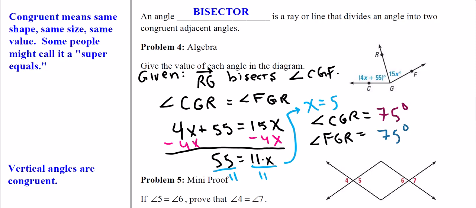Or we could have just simply taken the answer we got for CGR and noted that because ray GR is a bisector, it creates two congruent angles. So we didn't have to do the additional algebra for FGR, because if CGR is 75, then FGR is also 75. That's all there is to it.